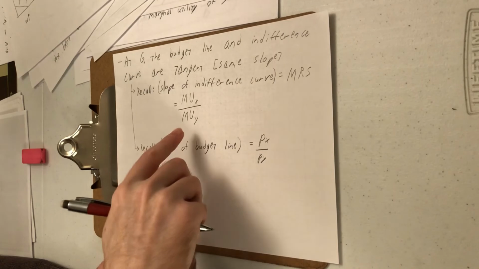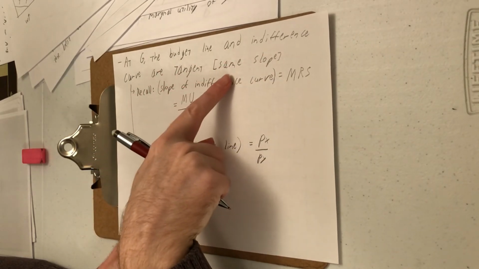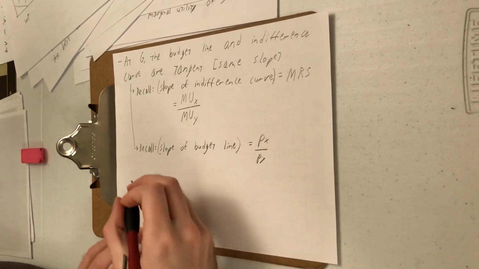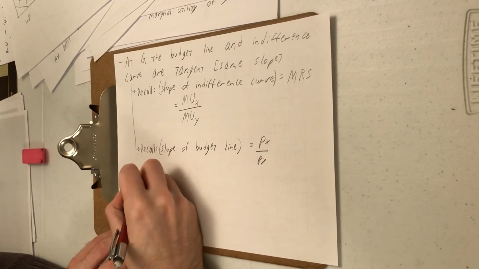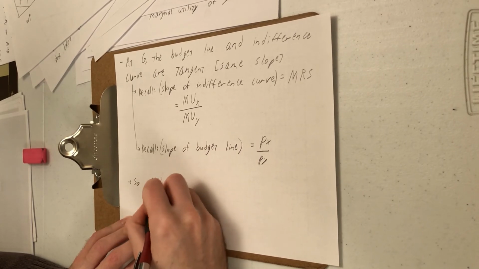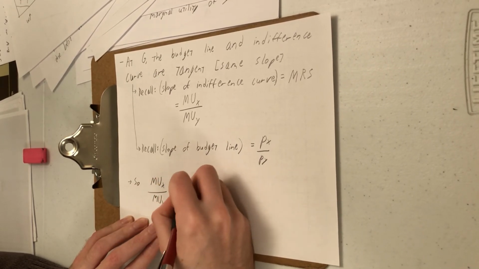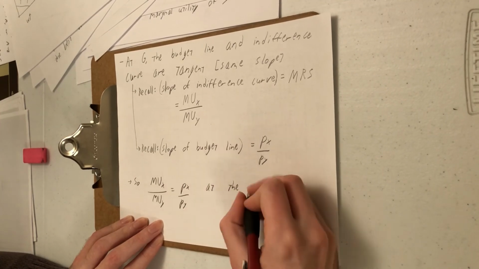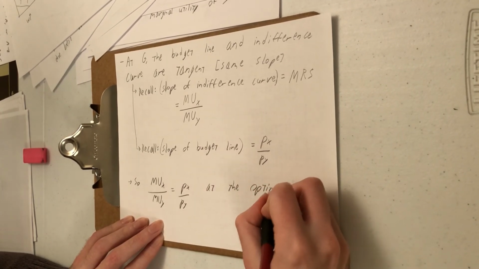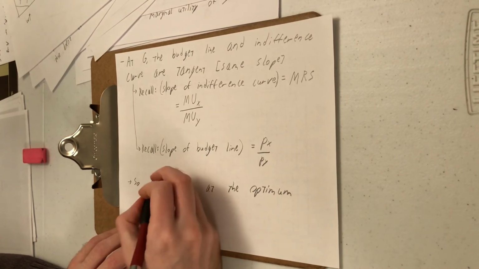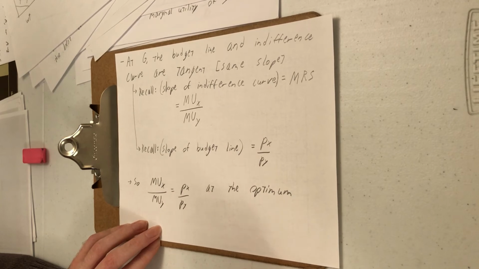So you put this together saying the slopes are equal at this point. That means this is equal to that. So when you're optimizing, the marginal utility ratio equals the price ratio.